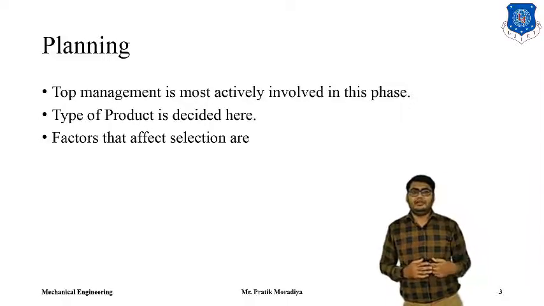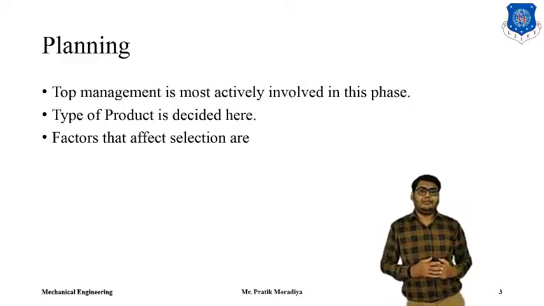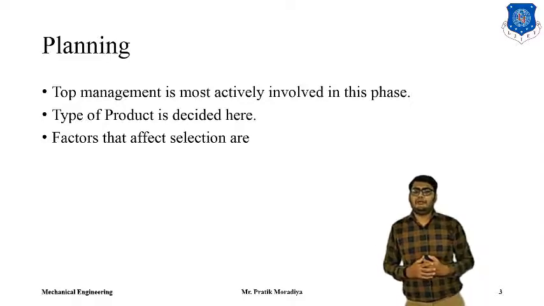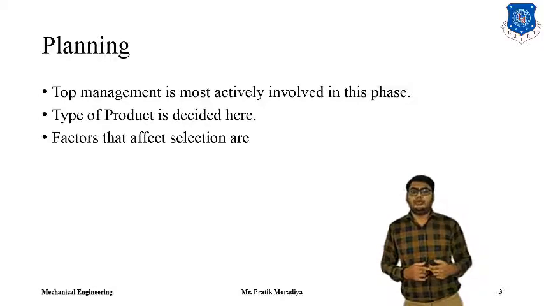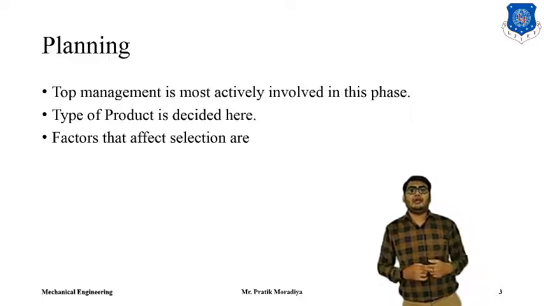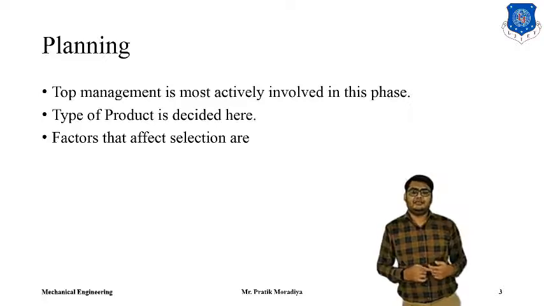All these will be considered in the planning. When we say that the type of product is decided, what we mean is whether your product will be addressed to mass customers, a low cost, low price solution, or whether it will be for a niche market, a high quality, high cost solution. That will be decided in the planning stage as well.